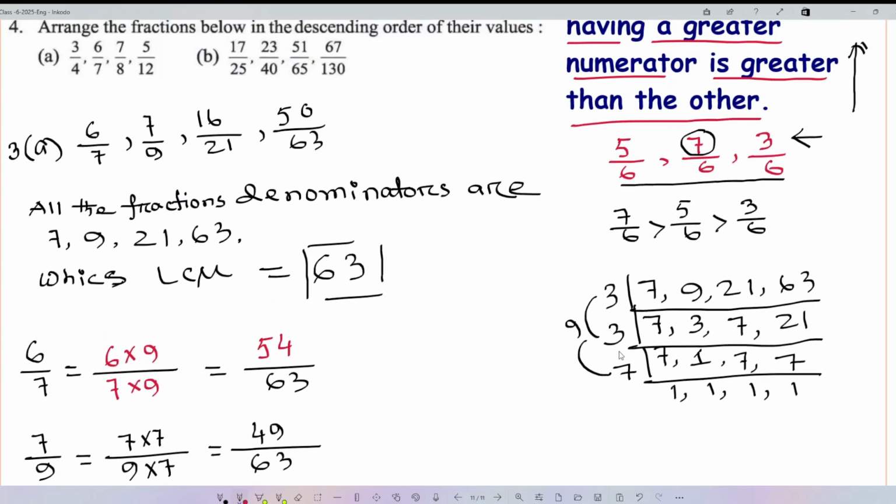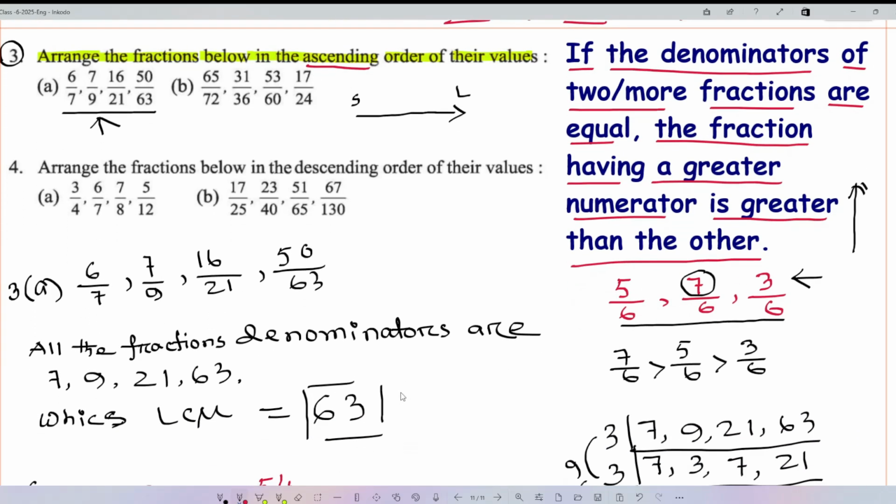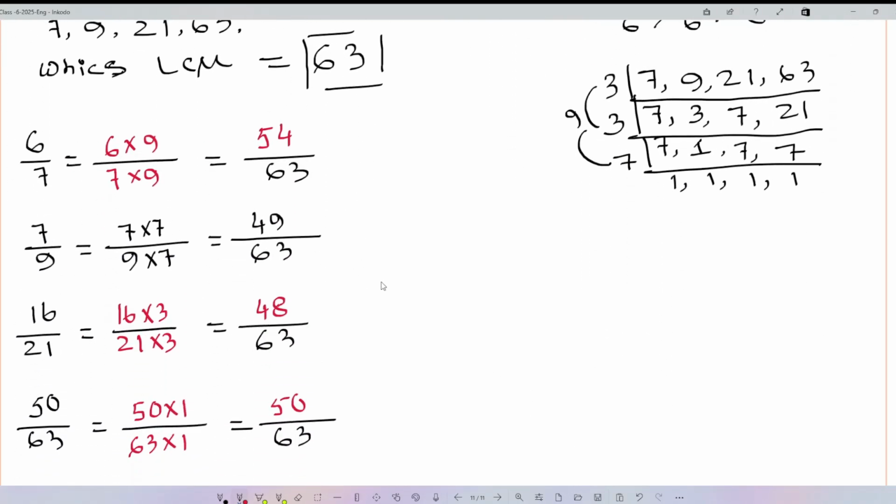Now we can make the ascending order. Which one is larger?